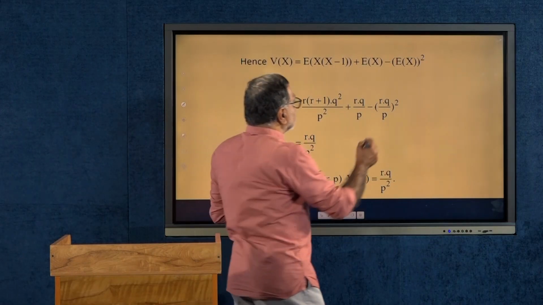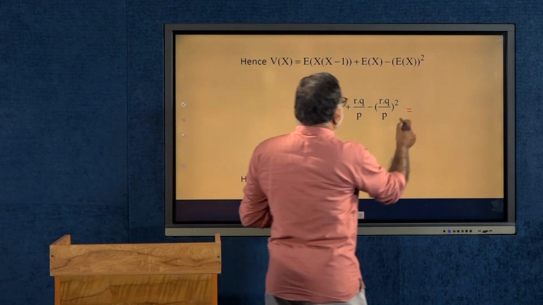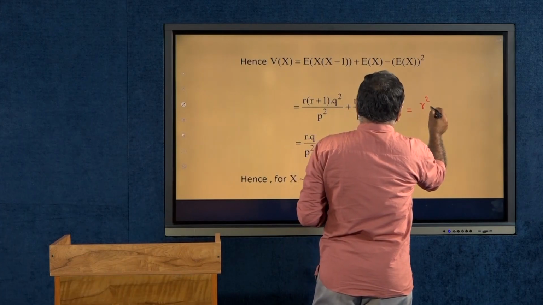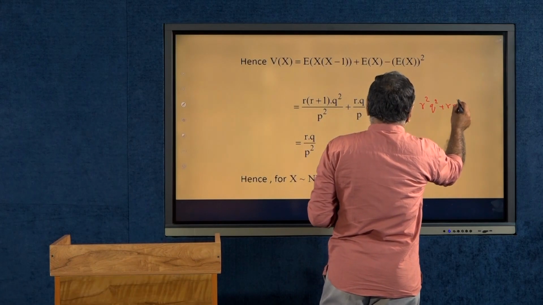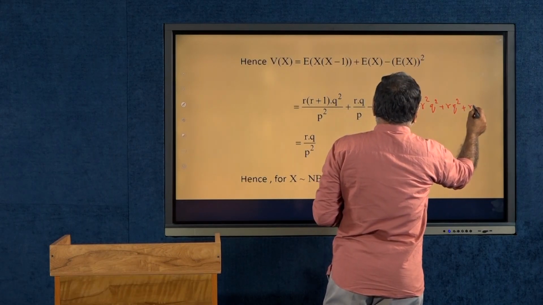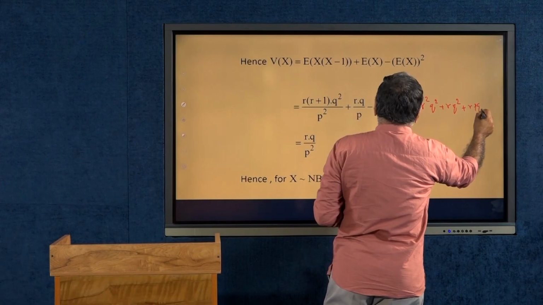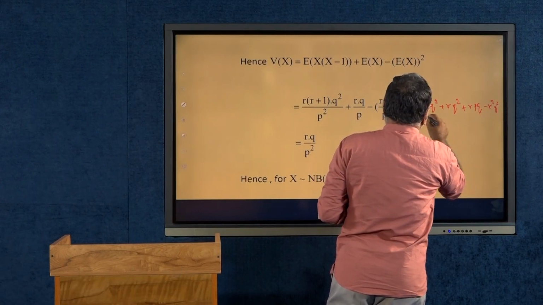Simplifying this expression, you can see this is equal to r square q square plus r q square plus r p q minus r square q square, divided by p square.